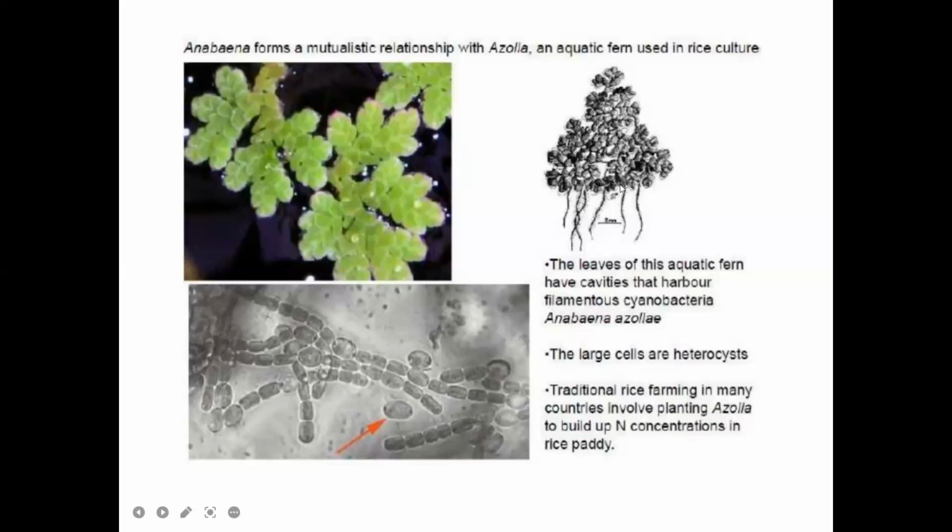They are in a symbiotic relation with these plants, and the large cells are heterocysts. Here you can see the cells which are larger in size, they are heterocysts. And traditional rice farming in many countries involves planting Azolla to build up nitrogen concentration. If you have ever visited rice farming, you can see these plants immersed in water.